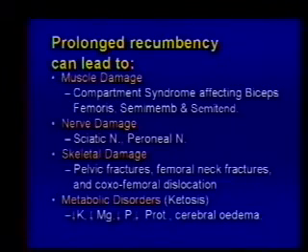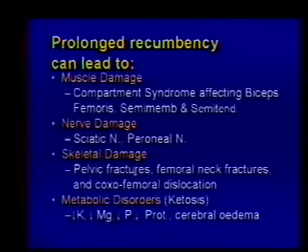Prolonged recumbency leads to muscle damage, or the compartment syndrome, which affects the biceps femoris or the semimembranosus and semitendinosus. There could also be some nerve damage because the animal is in recumbency, such as the sciatic and the peroneal nerve.